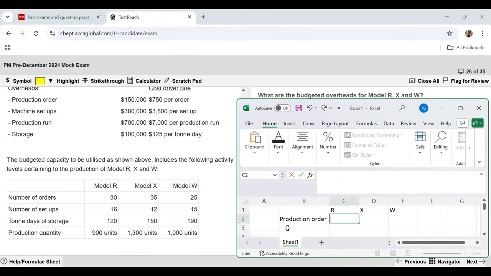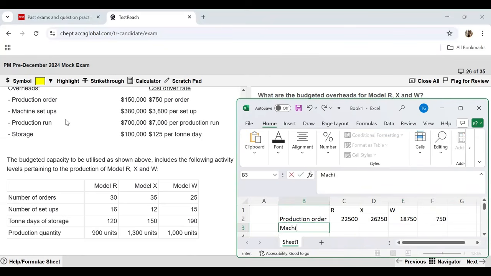Let me also put the per unit per driver price over here, 750. So I just have to multiply that with the number of orders. So it's 30 for this. Similarly, 750 multiplied by 35, and then it's going to be 750 multiplied by 25 orders which have been placed for W. So this is how I'm going to take for the production order.